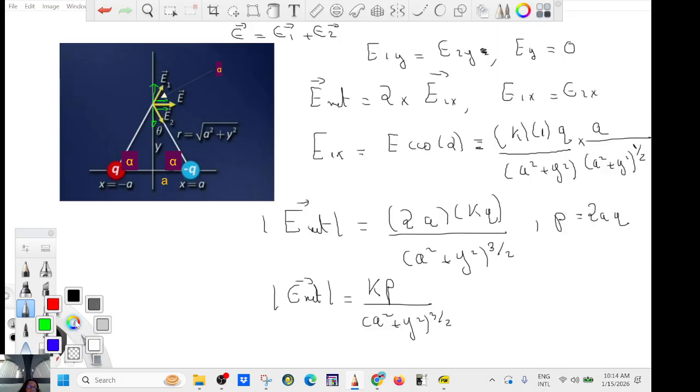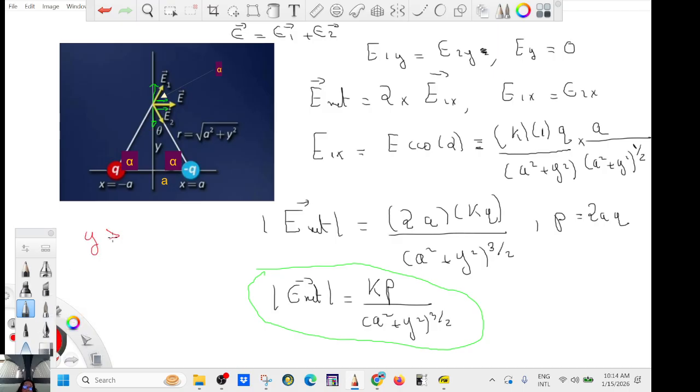Now take the limit. Take it to the limit, okay? That means y, now we go very far away. You don't have to go very far away because with a molecule, this distance is very small. So take the limit. What's going to happen?